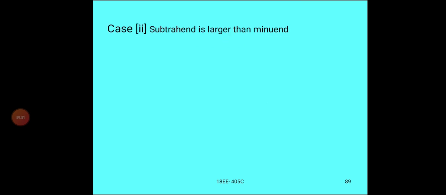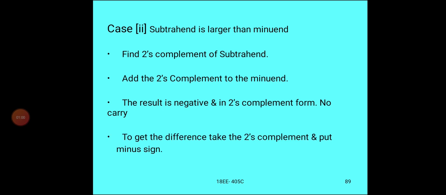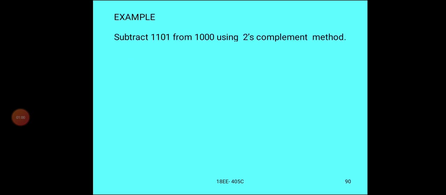Case 2: the subtrahend is larger than the minuend. Find the 2's complement of the subtrahend. Add the 2's complement to the minuend. The result is negative and in 2's complement form, with no carry. To get the difference, take the 2's complement and put a minus sign. Example: subtract 1101 from 1000 using the 2's complement method. The subtrahend is 1101. The 2's complement of the subtrahend is 0010 plus 1, which gives 0011.